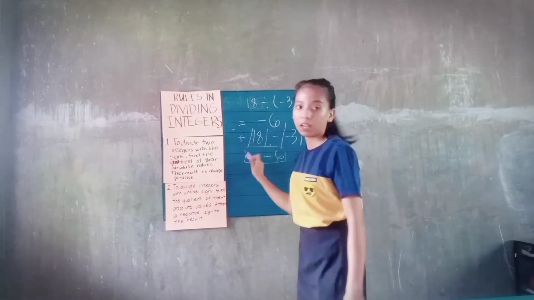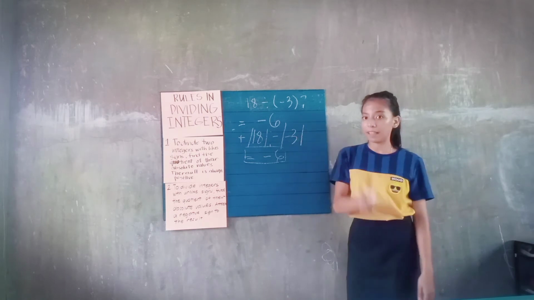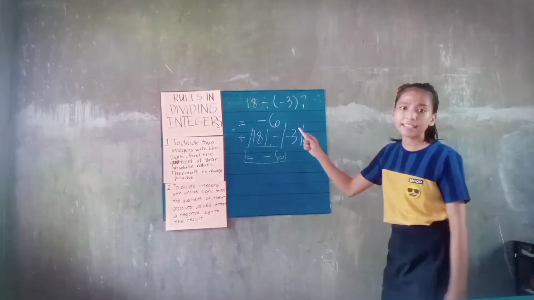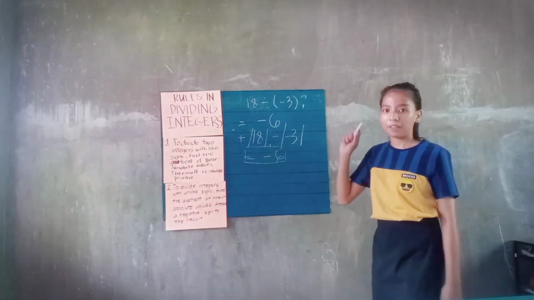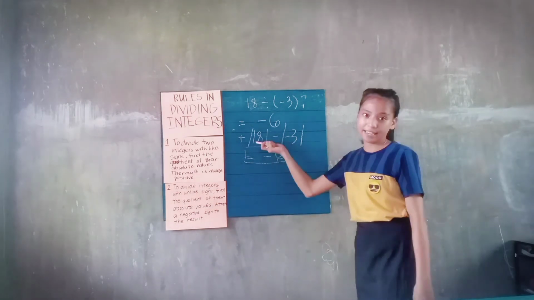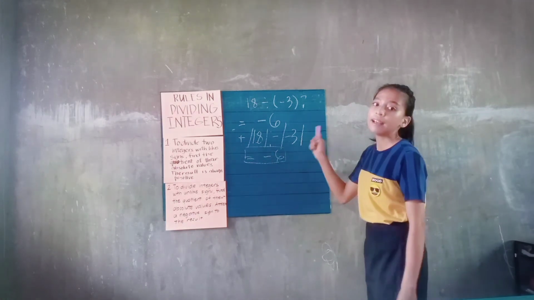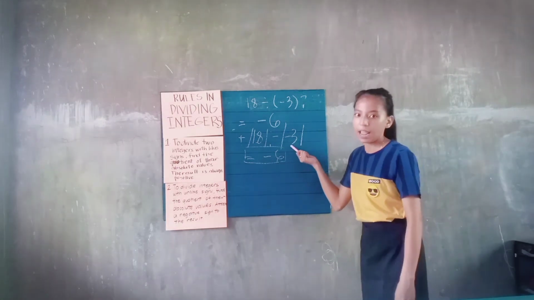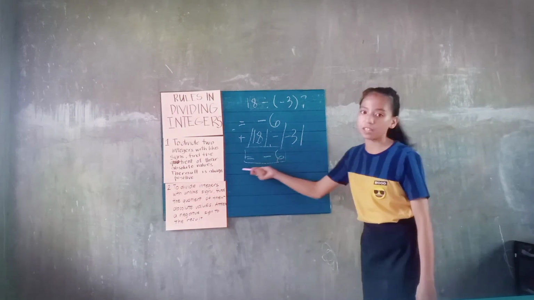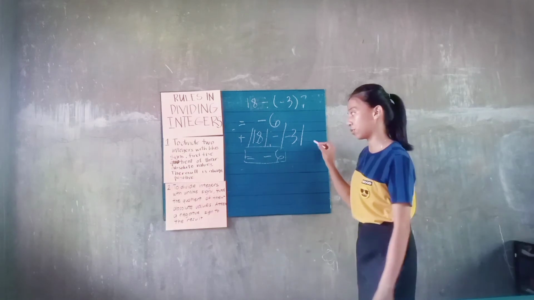Okay? Observe that the divisor and the dividend have unlike sign. Dividing the absolute value of 18 is equals to 18, by negative 3 is equals to negative 3, gives you attach the negative 6. Okay? Positive 6 lang dapat yon.